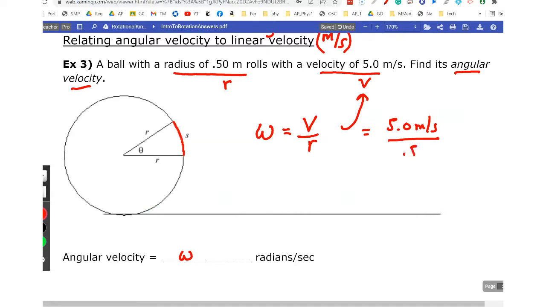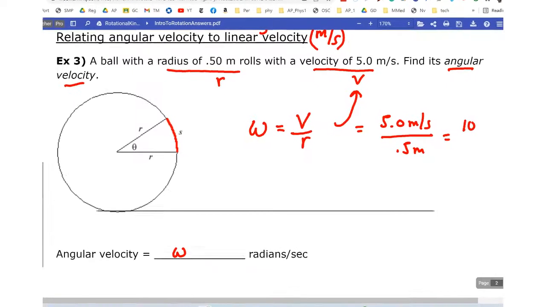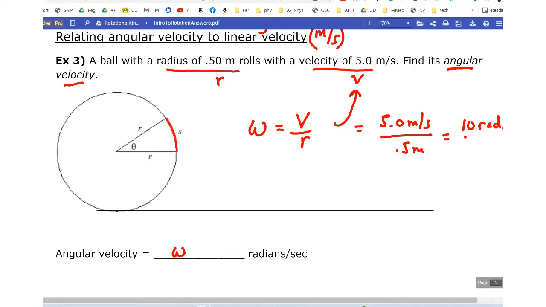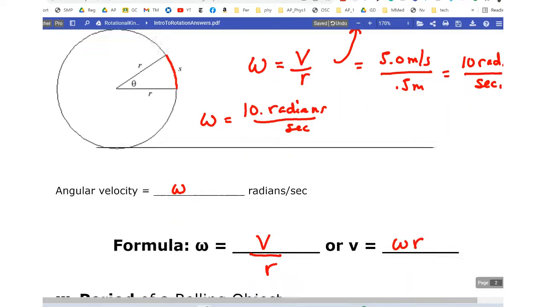The r is 0.5 meters, so 5 divided by 0.5 is 10 radians per second. That's how quickly it rotates. It rotates 10 radians per second.